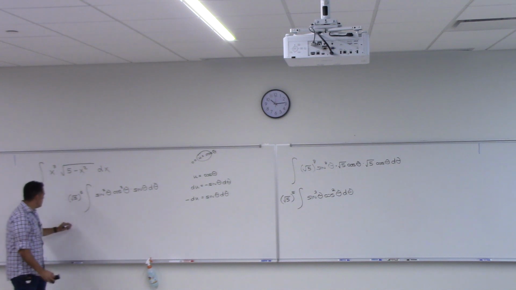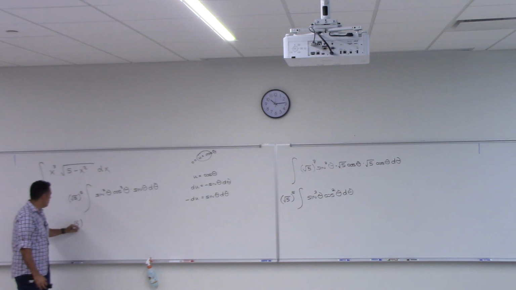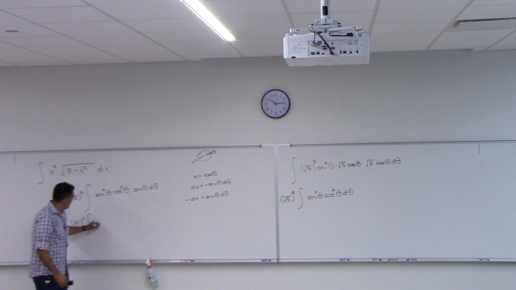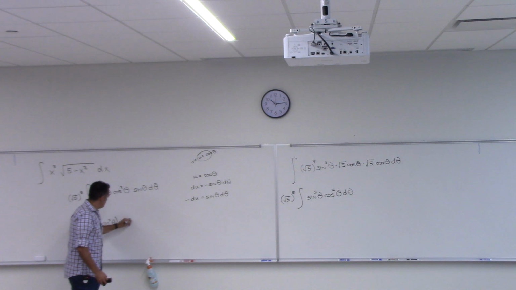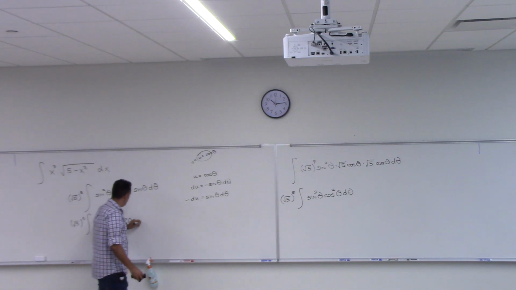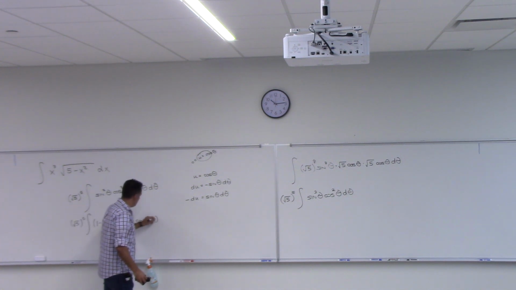So using what we learned last time and all that homework, all those problems you did, right? This should be comfortable for you, hopefully. 1 minus cosine squared theta, that's sine squared theta. And then cosine squared theta, sine theta, d theta.